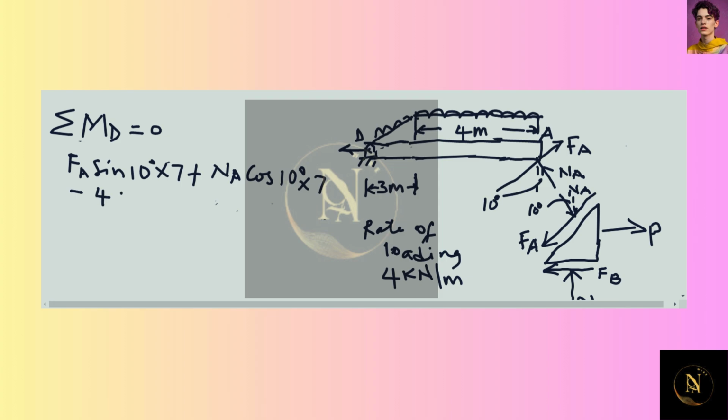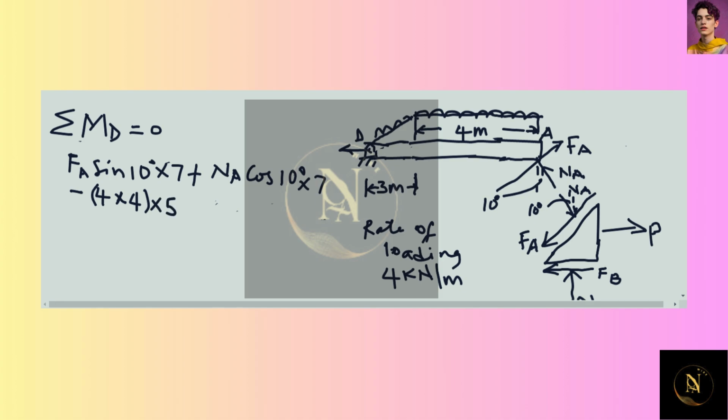The first part is half of 4 times 4, of course taking it from a third of that down to D, so times 5 as the perpendicular distance.